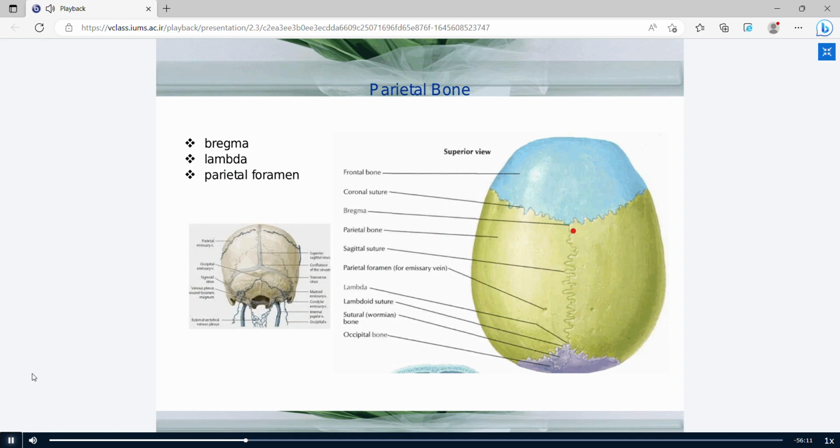And you know about the bregma and lambda. Bregma is the junction of the coronal suture and sagittal suture, and lambda is the junction of the lambdoid suture and sagittal suture. Finally, on the lateral surface of the parietal bone, there is the parietal foramen, for passing the emissary vein.